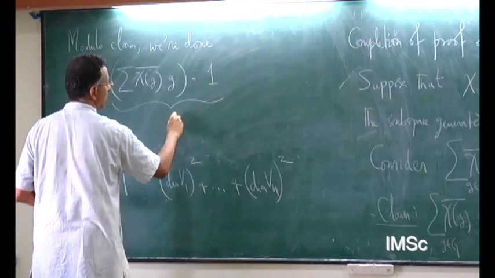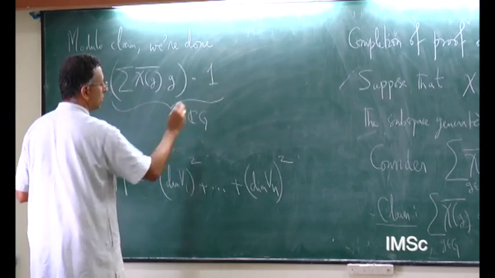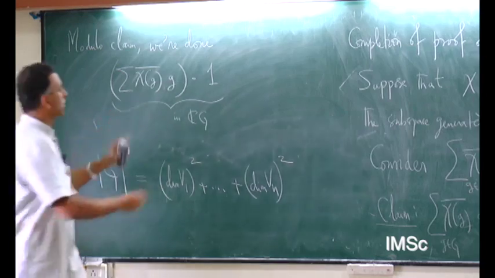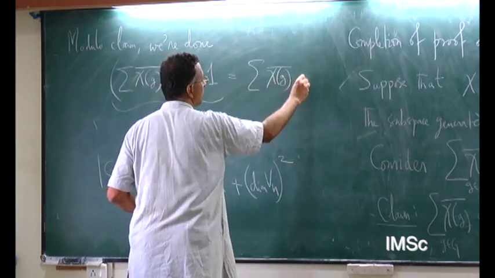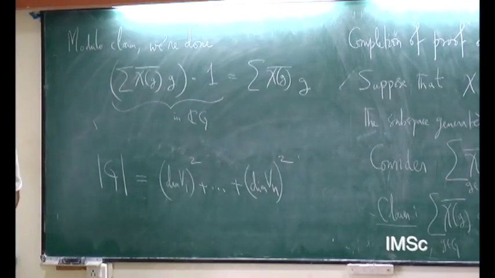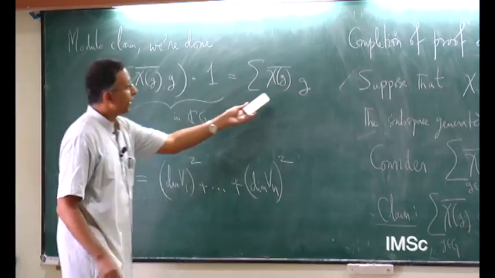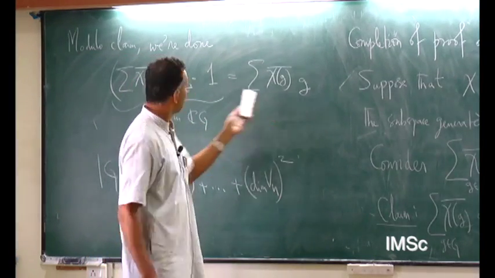So think of this as an element in CG. But if an element of CG is 0, acting on 1 is 0.